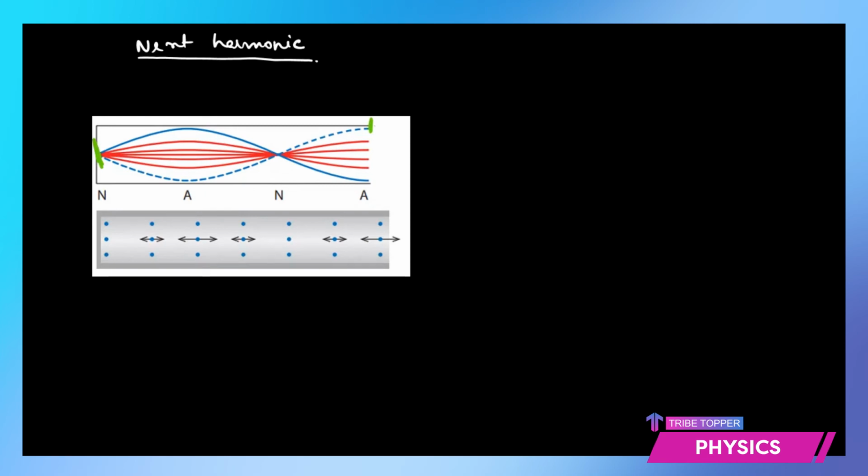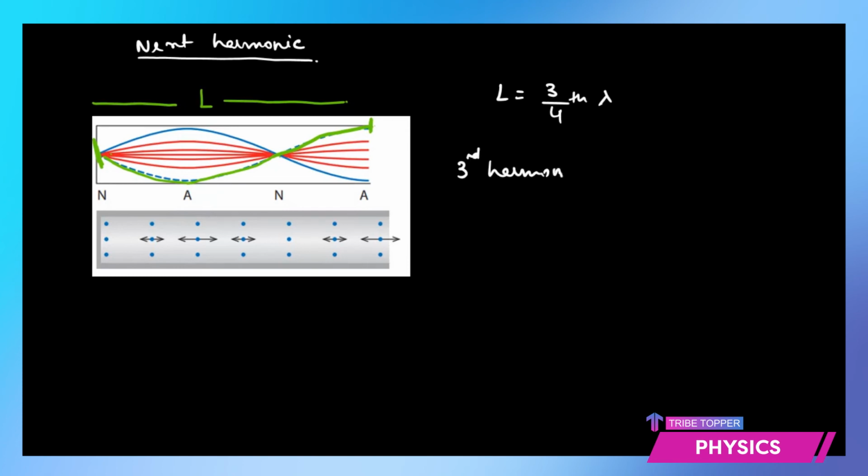It starts from the maximum amplitude, drops to 0, then goes to another maximum amplitude, and then drops back to 0. As you can easily see, now in the same length L of the pipe, we have 3/4 of a wave. So the length L covers 3/4 of the wavelength. This is known as the third harmonic wavelength.